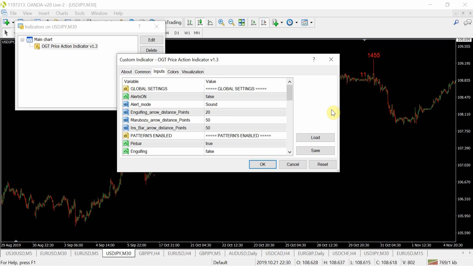So my normal response to these questions is, it really depends on whether you are a trend trader or a reversal trader, because the settings are different. And I'll go into an example of what I used to do when I was a counter trend trader, and the settings that I used, and that was the basis of why I created this indicator, a counter trend indicator for the pin bar.